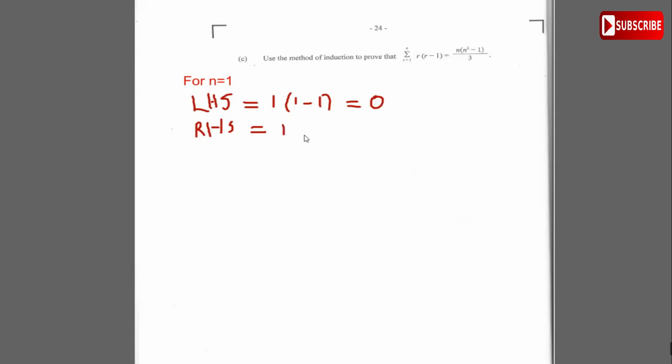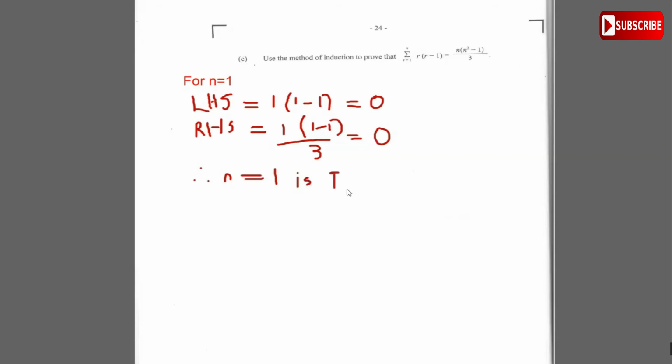So you get 1 times 1 minus 1 over 3, and that is still 0. And so n equal 1 is true.